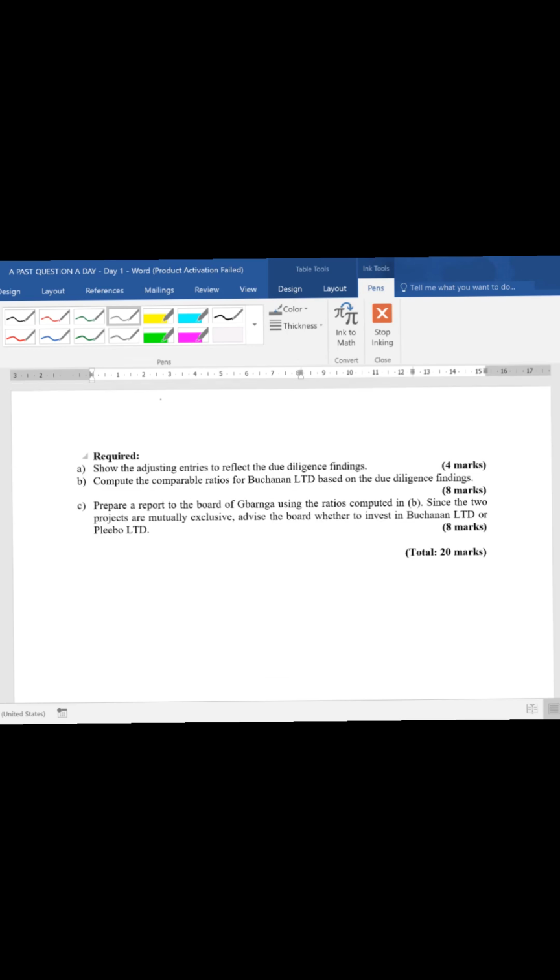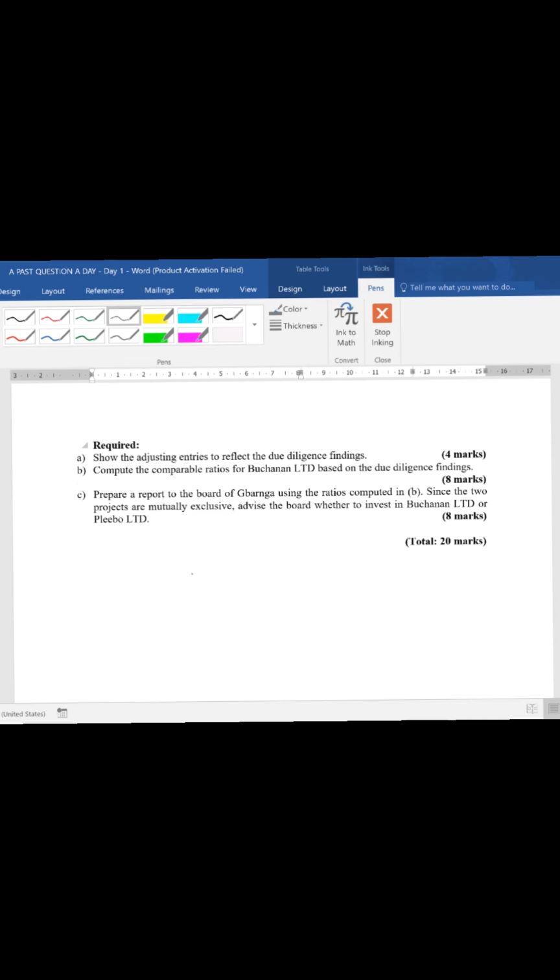Okay, so let's just go deep into it. We can start with the solution. We can start with the first one, A. We said we should show the adjusting entries. We have 700,000, which has gone bad. So we may want to reduce our sales value to reflect the actual sales that is collectible.